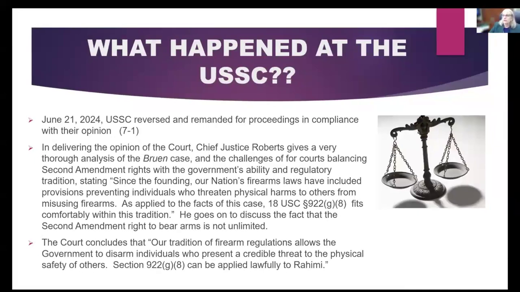And one of the things that had happened in Bruin, and we're going to get a little more about that, and that then affected this Rahimi case, had to do with going through and deciding the history of when the Second Amendment was approved, and sort of what was going on in the history of gun control. So just to know, it was a 7-1 opinion.